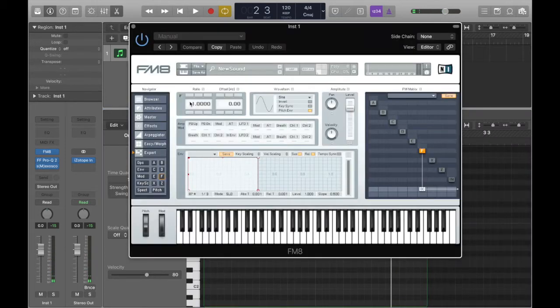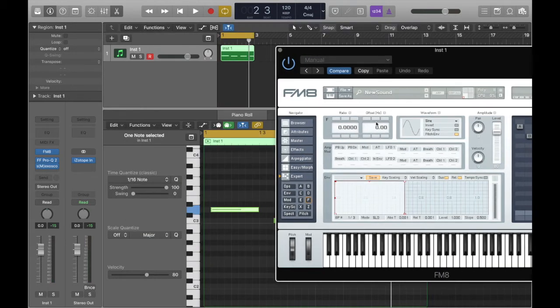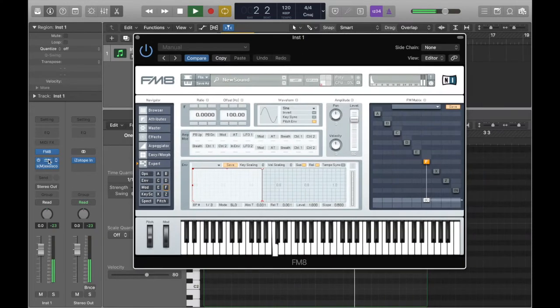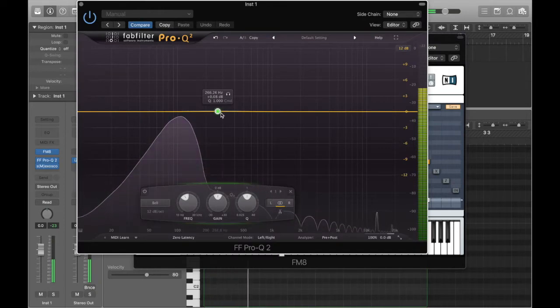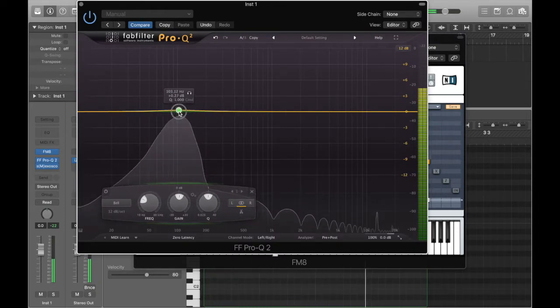So now I'm going to turn off its ability to track the MIDI keyboard by turning that ratio to 0. And now it's just going to play whatever frequency I put in here. Let's put in 100 hertz. Okay, so you can now see this single sine wave is sort of down here.